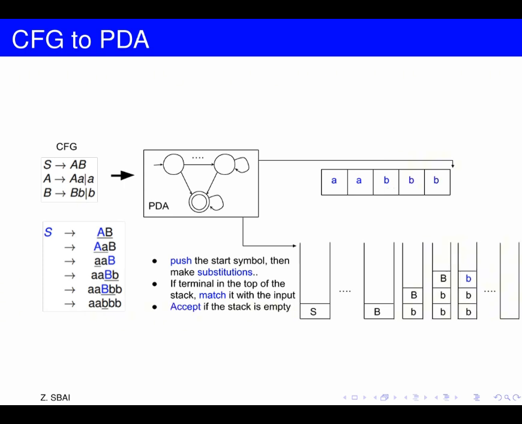So we will match, and we will match the second symbol, the third symbol, according to what is on top of the stack, until the stack is empty. In this case, we will accept the input. Of course, the accept here matters only if the input is finished.